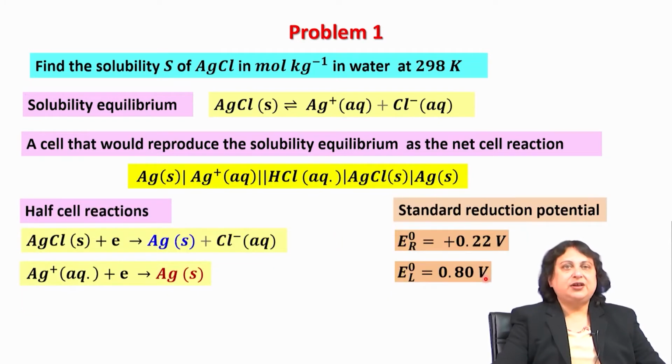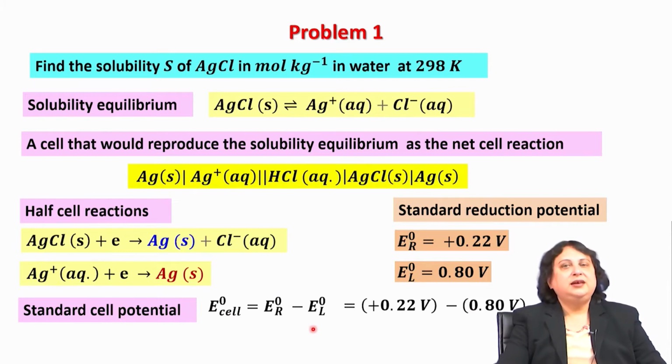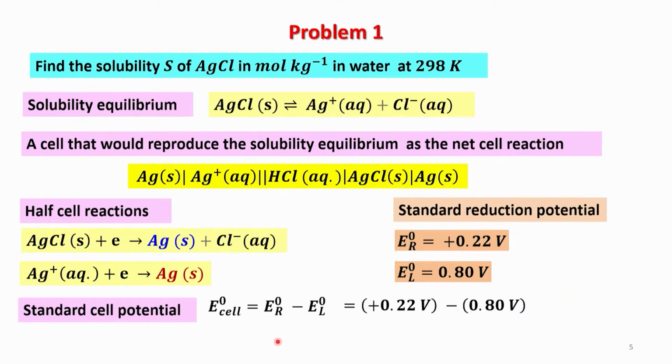So, let us have a look at the half cell reactions and the standard reduction potentials as before and find out the standard cell potential. The standard cell potential is E naught cell equal to E naught R minus E naught L. By the given values, I find that E naught cell is equal to minus 0.58 volt.